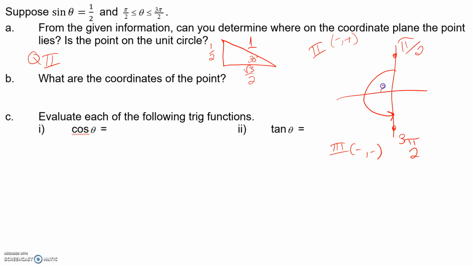So from here I go up 30, 180 minus 30, that means this whole angle is going to be 150. From here to here is 150 degrees, or if we change that to radians, 150 times pi over 180, that's going to give us 5 pi over 6.